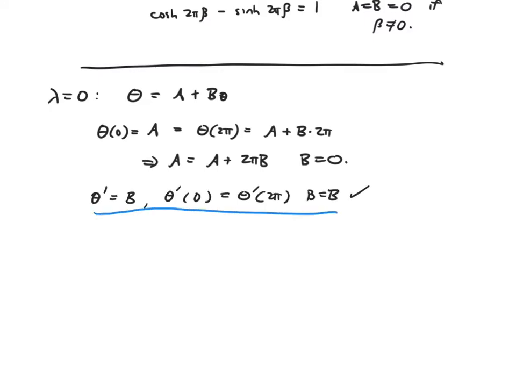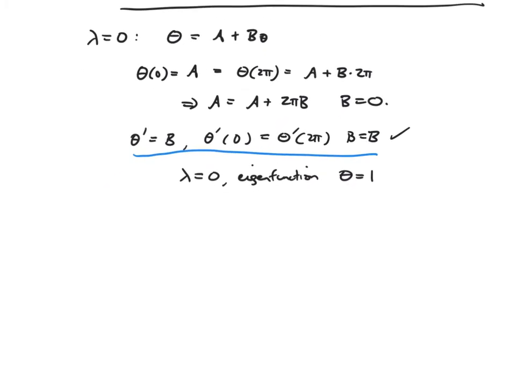That's all just 0 equals 0. But anyway, you do get A as free. So that means we do get a non-trivial solution here. For lambda equals 0, we have the eigenfunction 1. Theta equals 1.